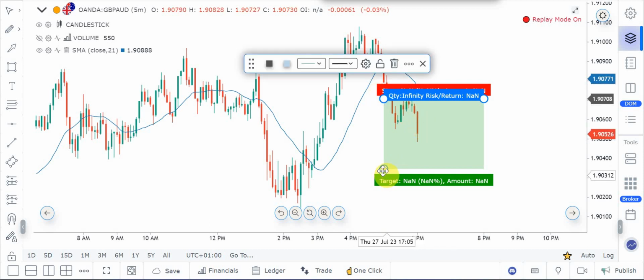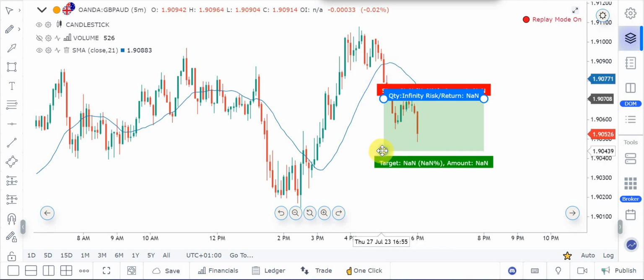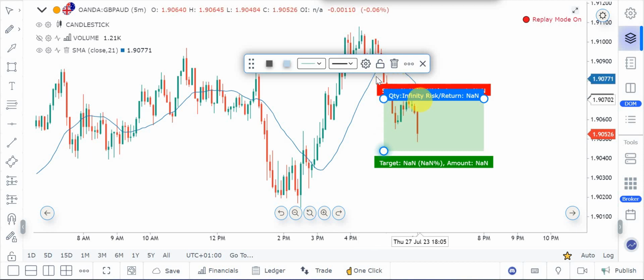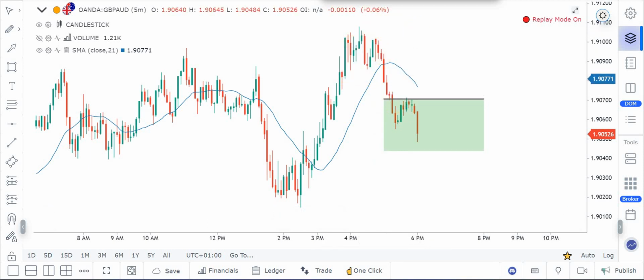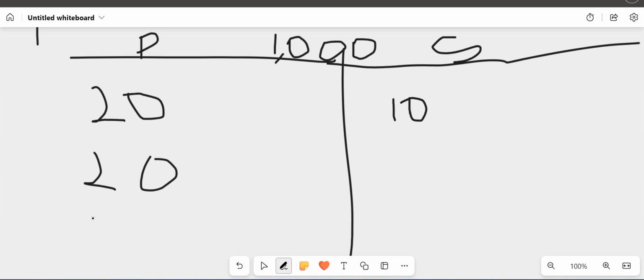Then my TP is around here, very close. Then I'll move my stop loss closer. So I'll just play it out, and TP hit already. So we have another winning trade here.